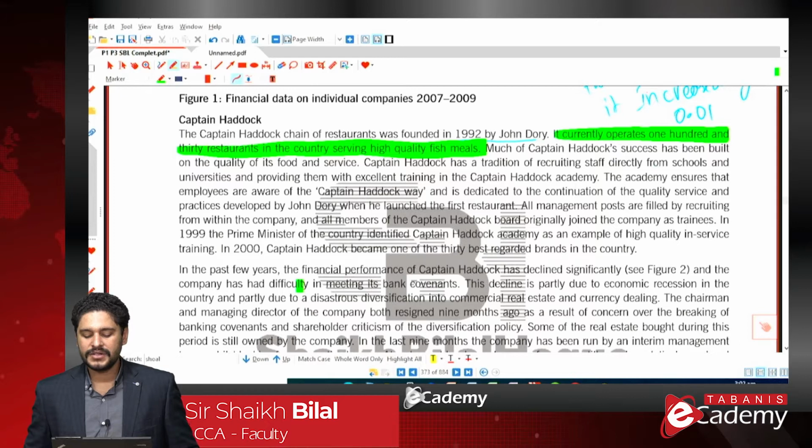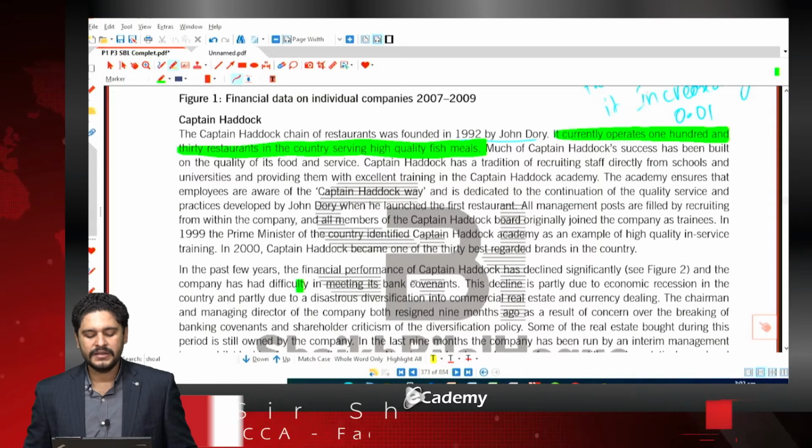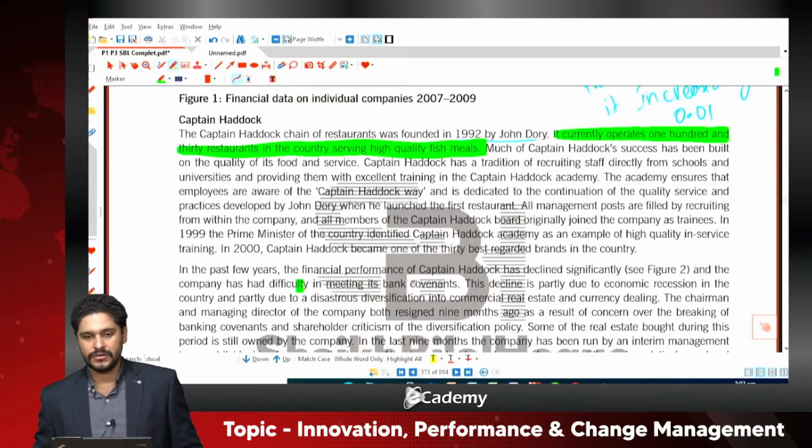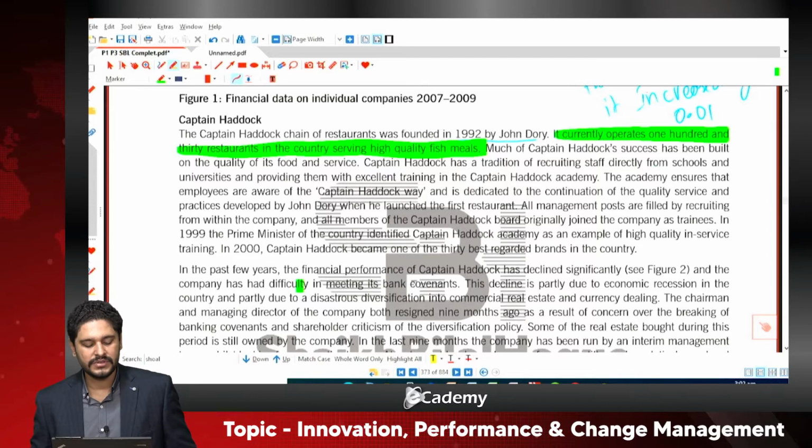Captain Haddock has a tradition of recruiting staff directly from schools and universities and providing them with excellent training in the Captain Haddock Academy. The Academy ensures that employees are aware of the Captain Haddock way, and is dedicated to the continuation of the quality services and practices developed by John Dory when he launched the first restaurant.